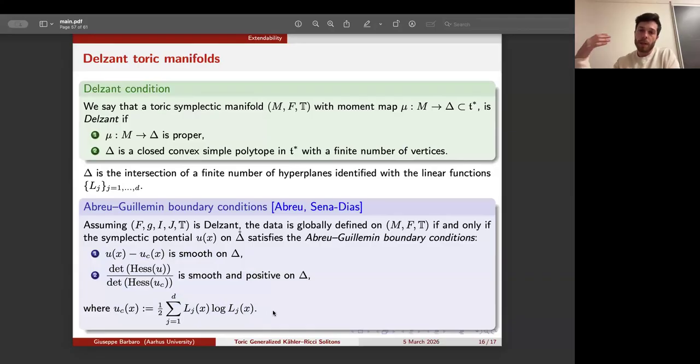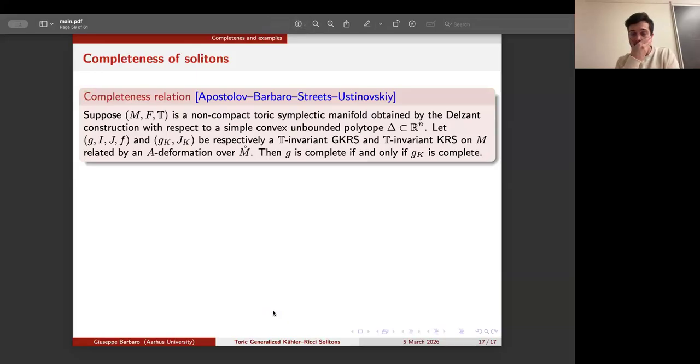So at least in this case of a Delzant polytope, we know when our generalized Kähler structure can be extended to the whole manifold. And now the question is, is it going to be a complete metric? So let's check this. As before, boiling down in simple terms, we know that the generalized Kähler structure is complete if and only if the Kähler one is complete.